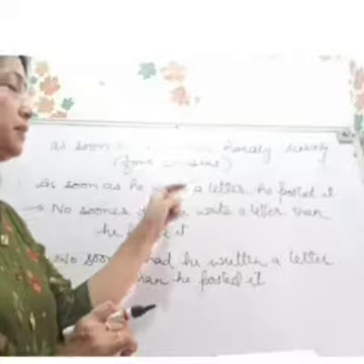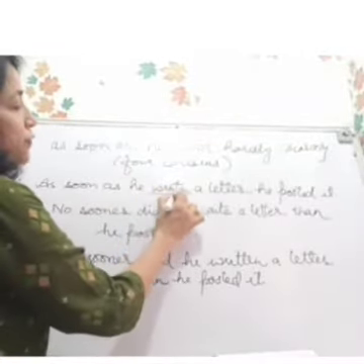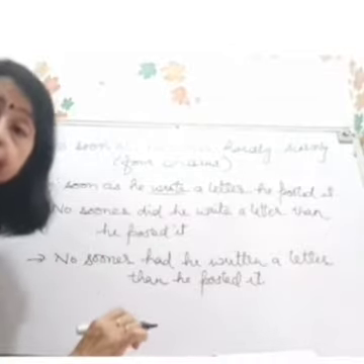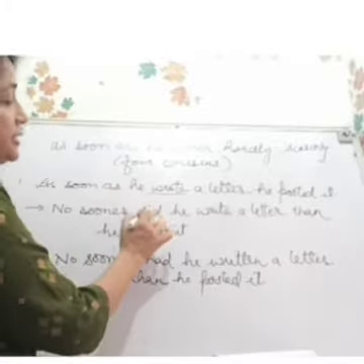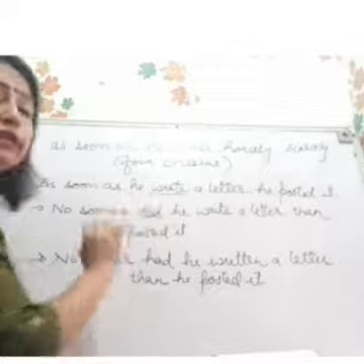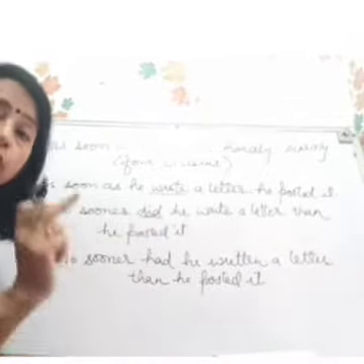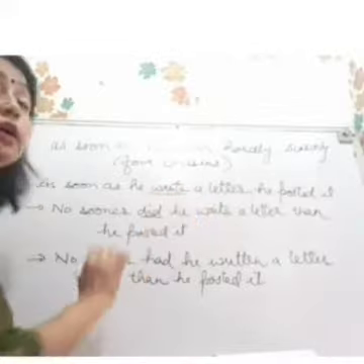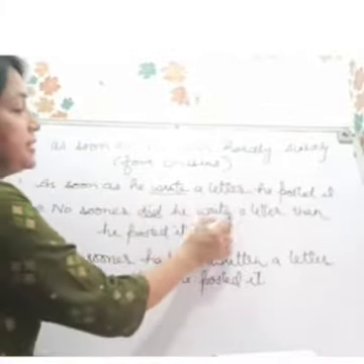Then what is the rule? See, with no sooner, the verb is used in the second form. So as soon as, we start with did, and you know did always takes what? First form of verb. So what's the verb here? Wrote. What is the first form of wrote? That is write.